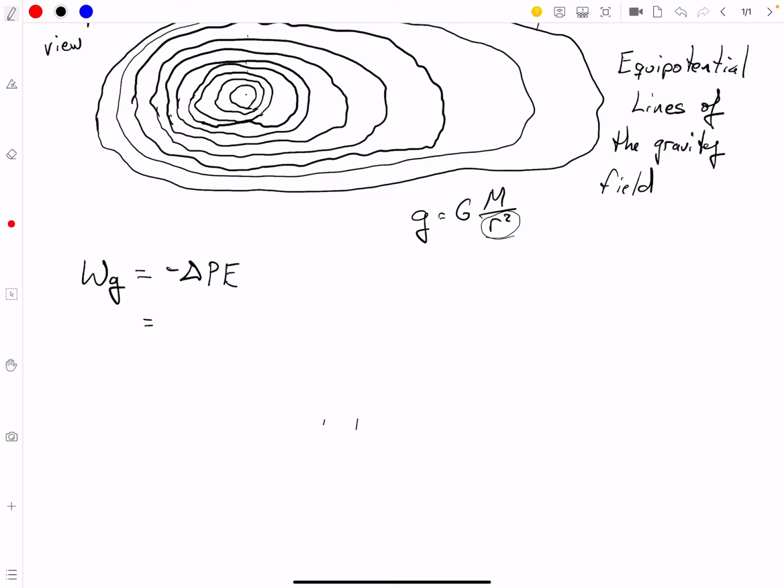We've done this many times: minus mg hB, with point B here and point A here, and then we subtract mg hA, leading to minus mg delta h.